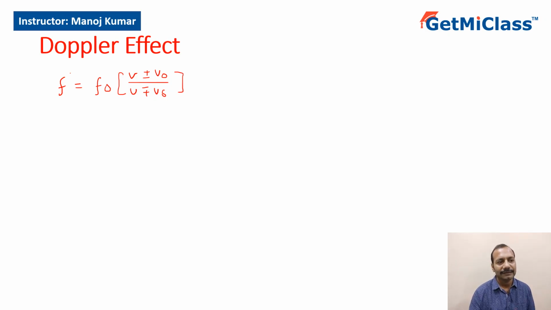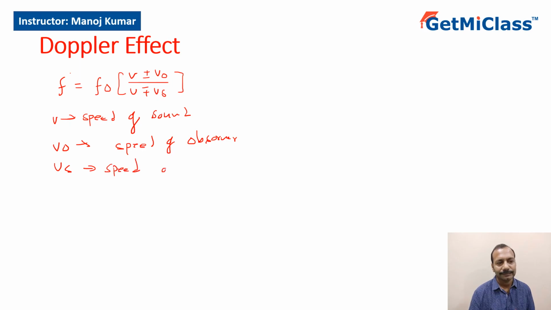Now here v is the speed of sound, vo is the speed of observer, vs is the speed of source, right? So now let's look at various situations.